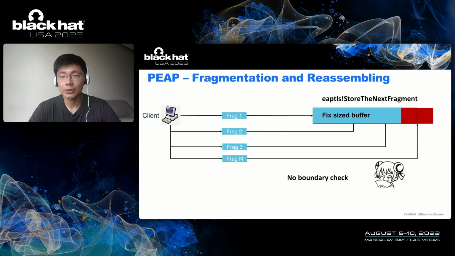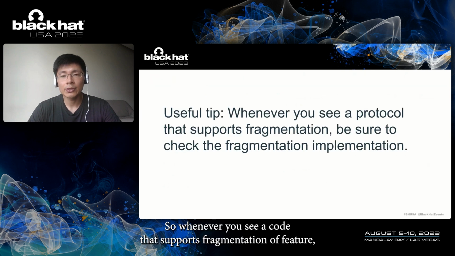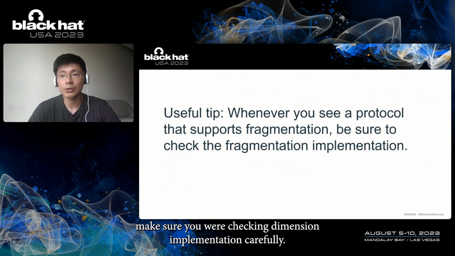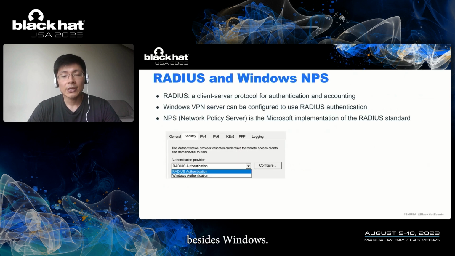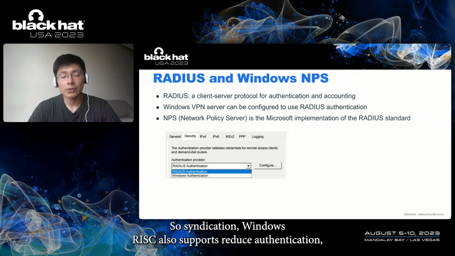So whenever you see a protocol that supports a fragmentation feature, make sure you check the implementation carefully. This is because there have been many bugs in fragmentation features in the past. Besides Windows authentication, Windows RAS also supports RADIUS authentication.